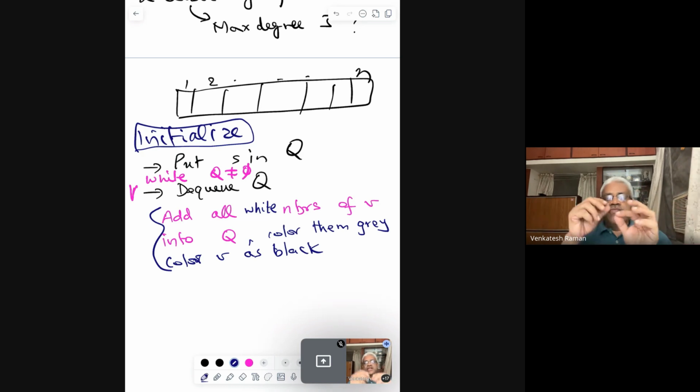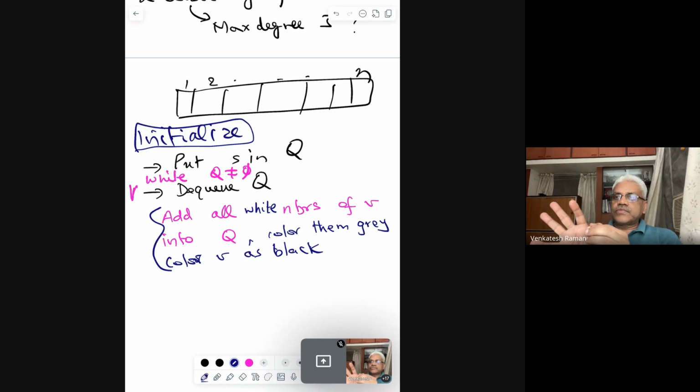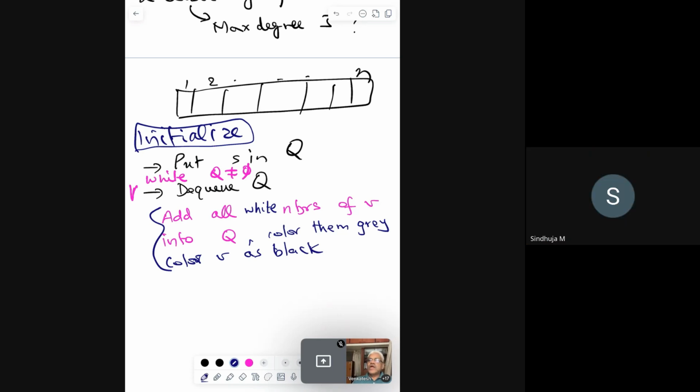So now if you look at it and ask how much time it takes, what are you doing? Essentially, you have a vertex coming in and you're looking at all its neighbors. If you use an adjacency list, how much time does it take to go to all its neighbors? Maybe a constant time?